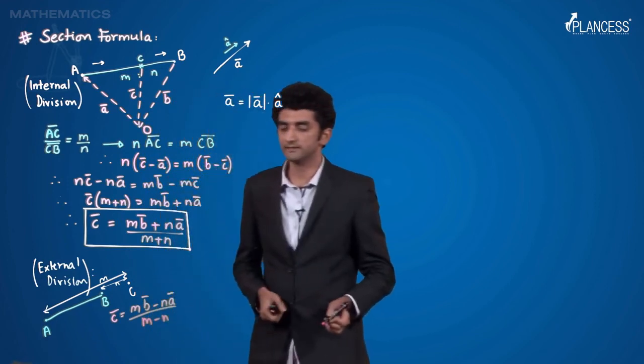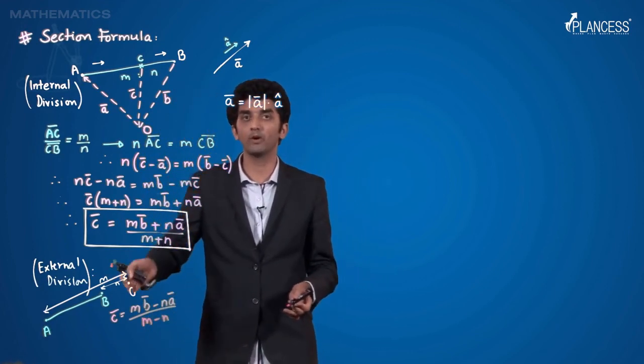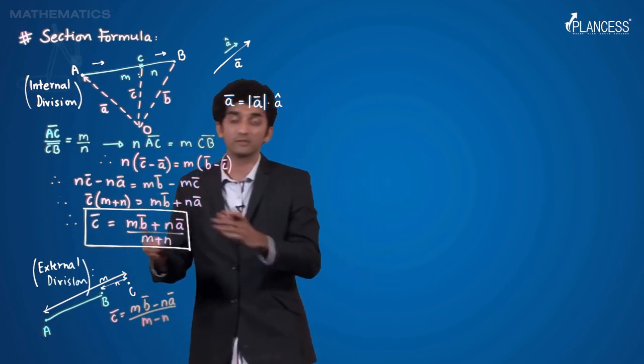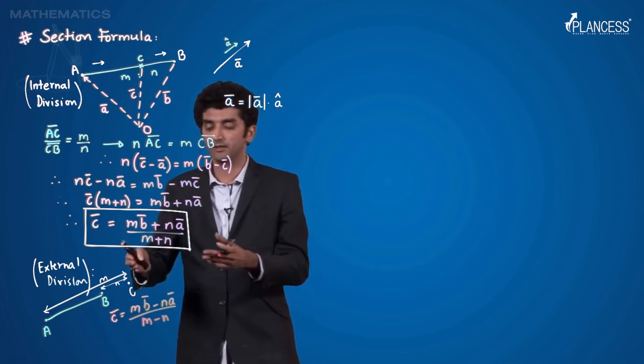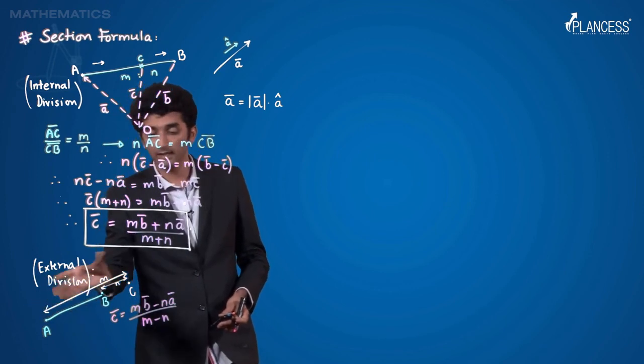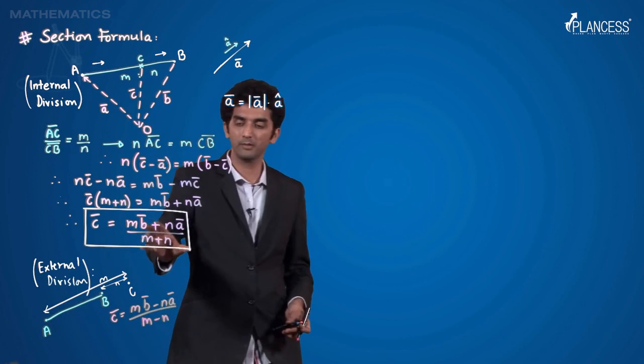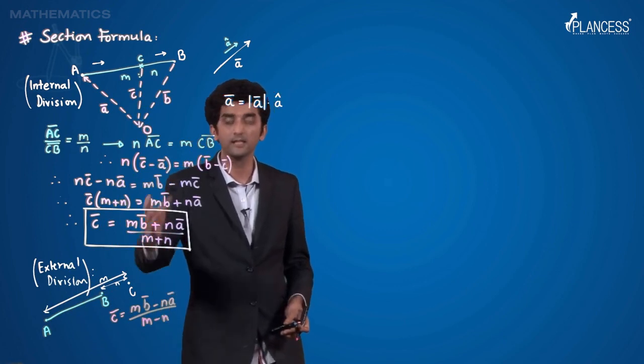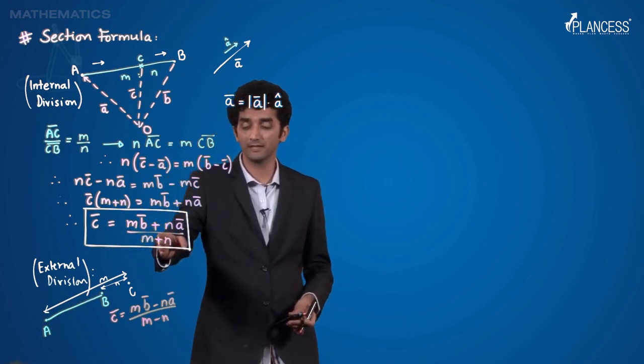So as we can see, the position vector of the point C, which lies outside the segment AB, is m b bar minus n a bar upon m minus n. Again, similar to the section formula for external division when it comes to coordinate geometry. It's just that the formula is the same. In place of these two pluses, we have minuses.